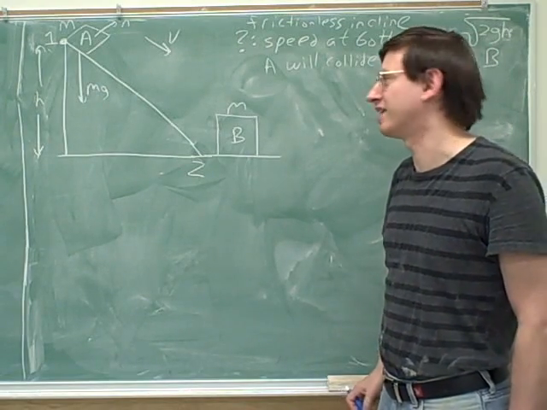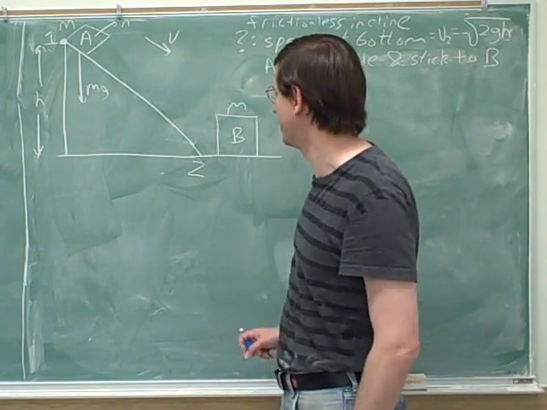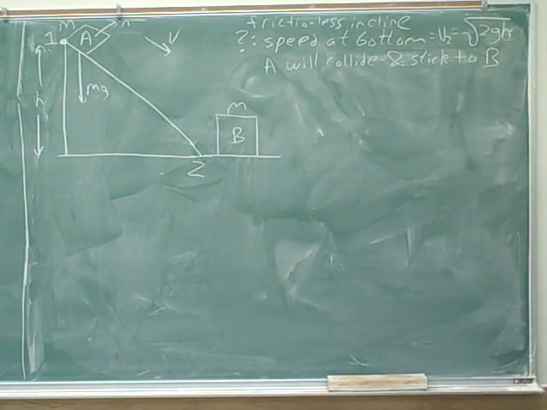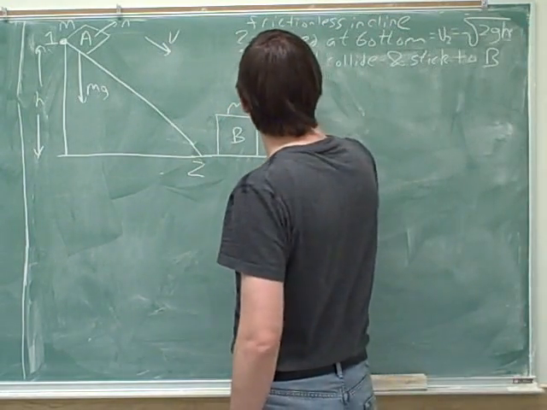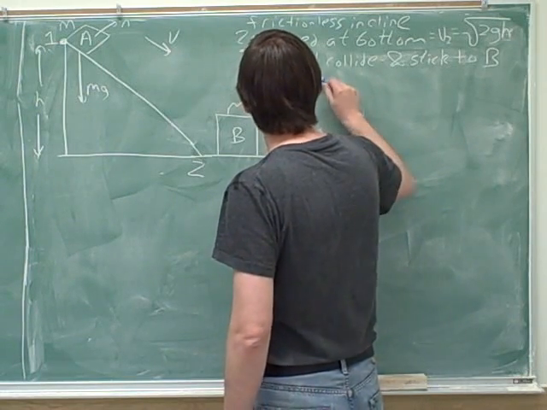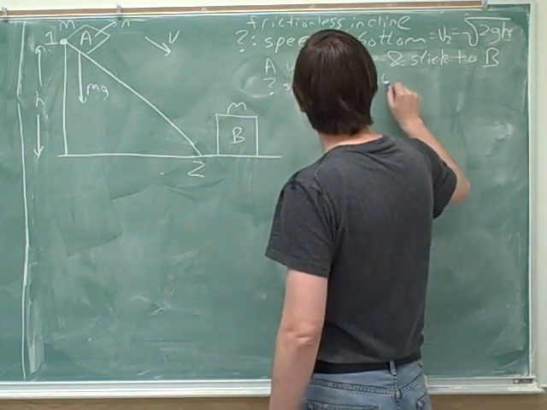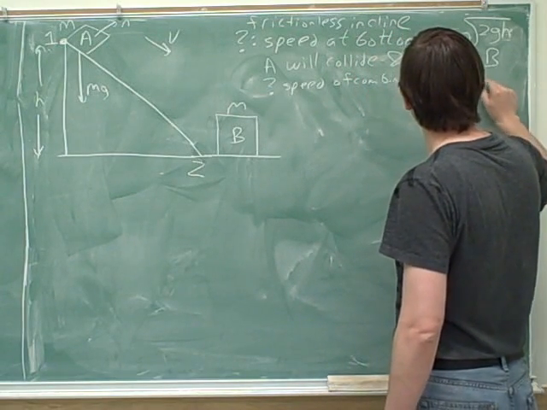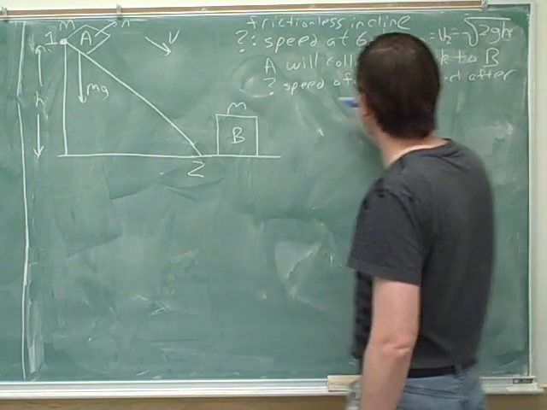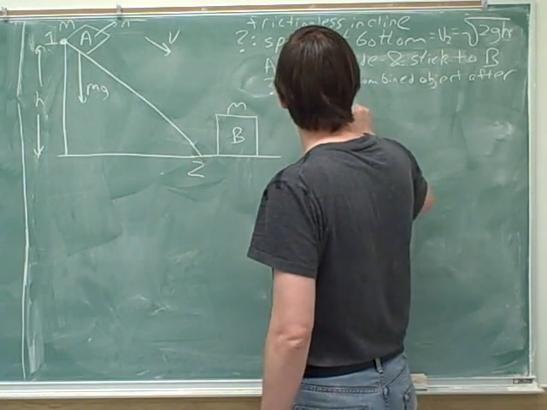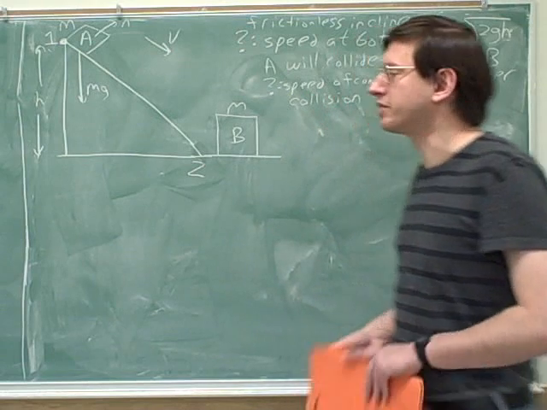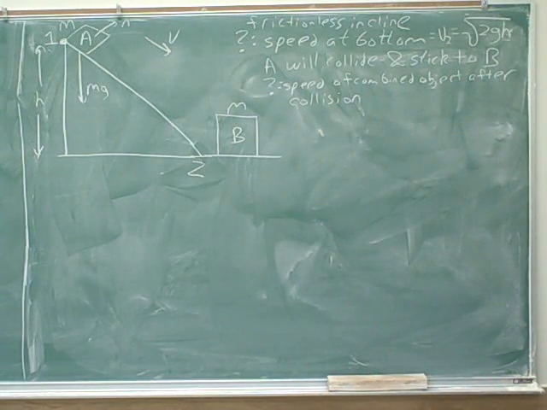Well, not covered with glue or they wouldn't roll, but their sides have glue on them, so they'll stick together. All right, so now we have a new problem. Let's figure out what the speed of the combined object is going to be after they collide with each other.